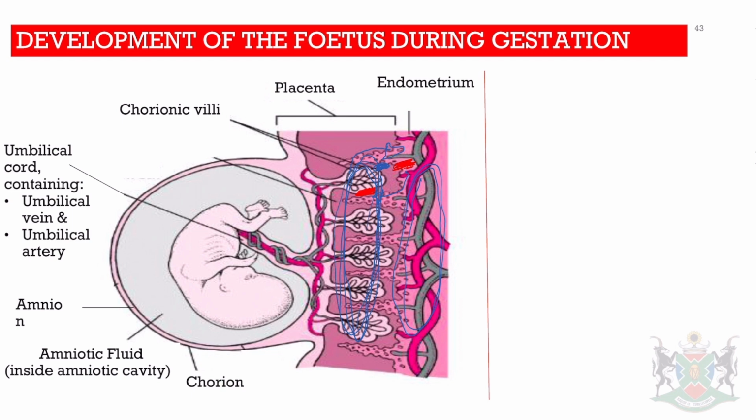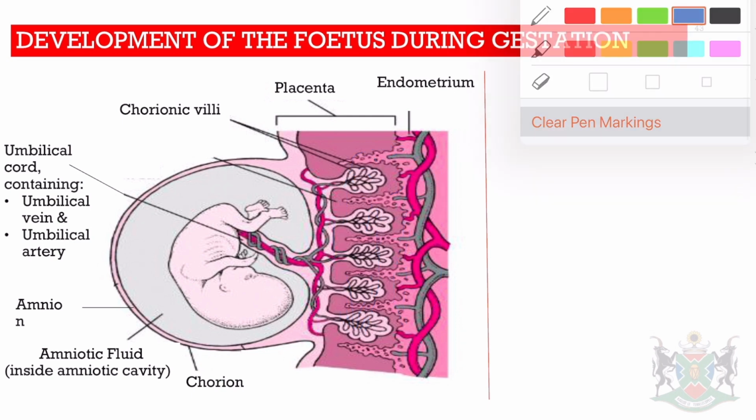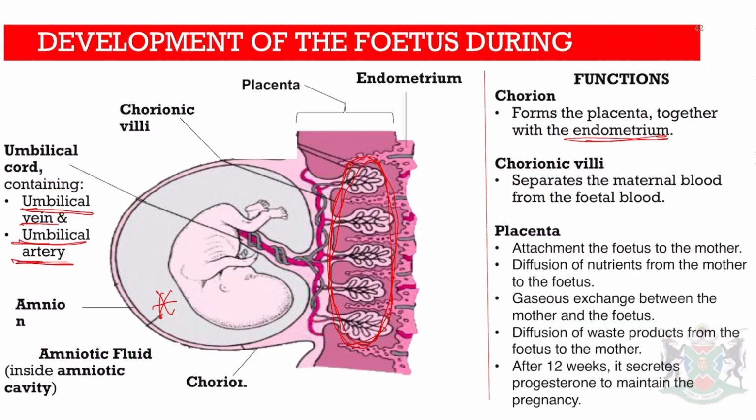The blood does not mix. The substances diffuse in and out through diffusion and osmosis. Okay, going back. So that is the function of the chorionic villi, to separate the maternal blood, blood of the mother, from the fetal blood, blood of the fetus.